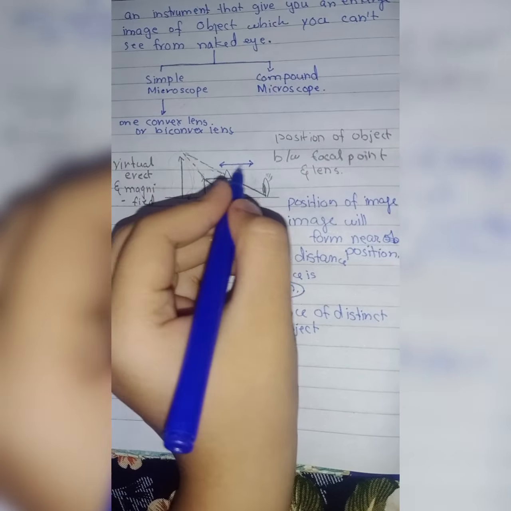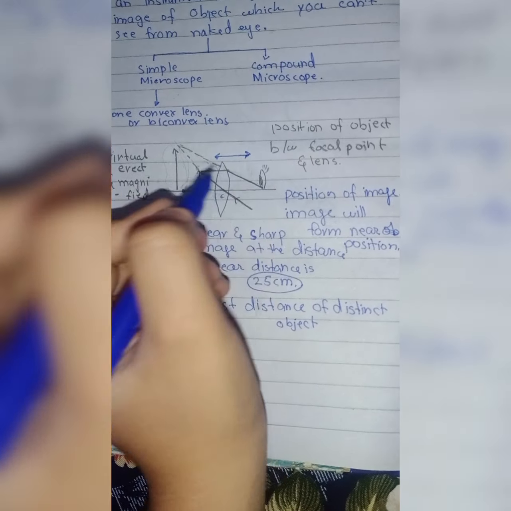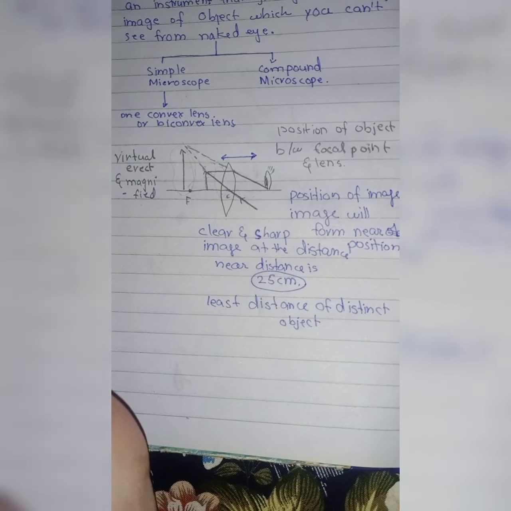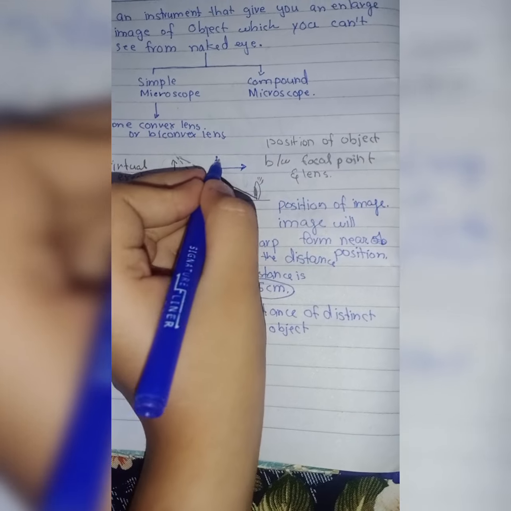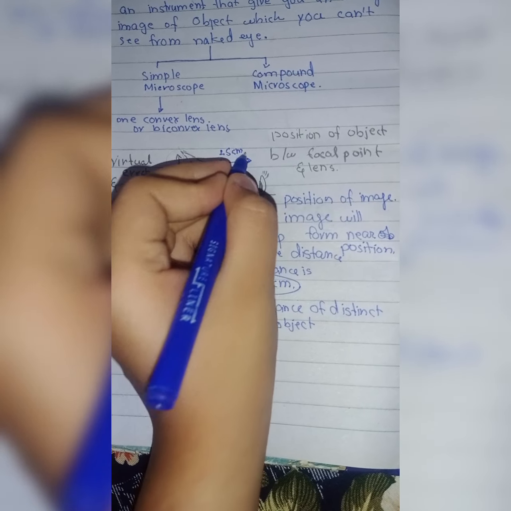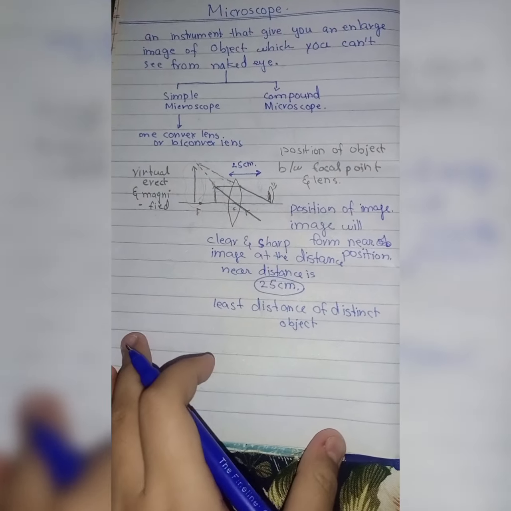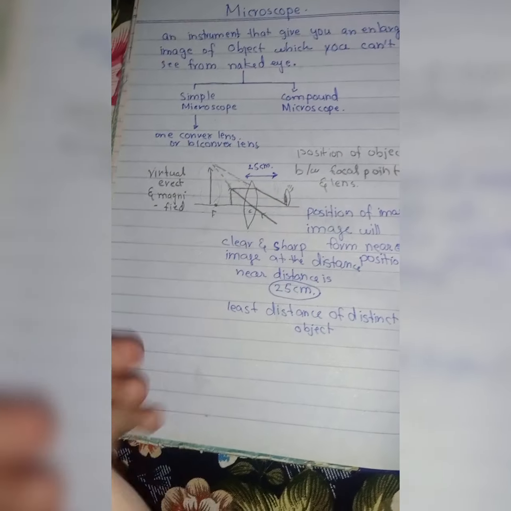So this distance is the minimum distance from which we can see a clear and sharp image, 25 centimeter.